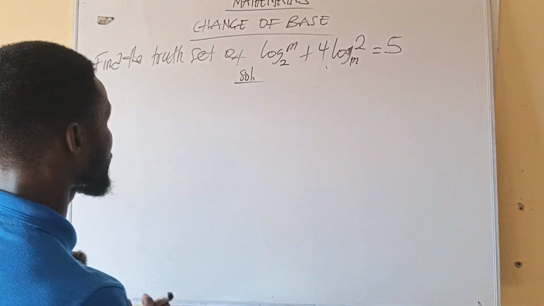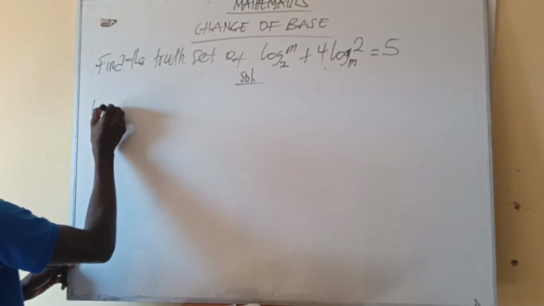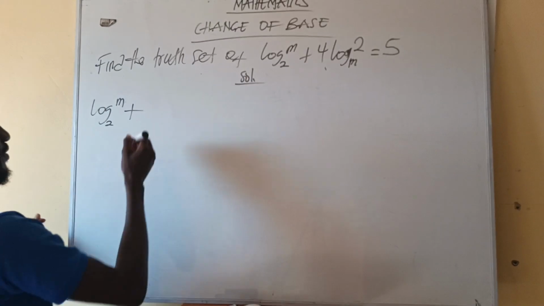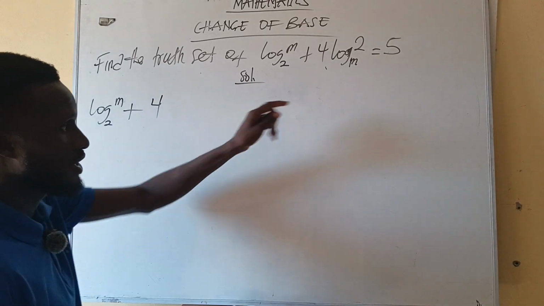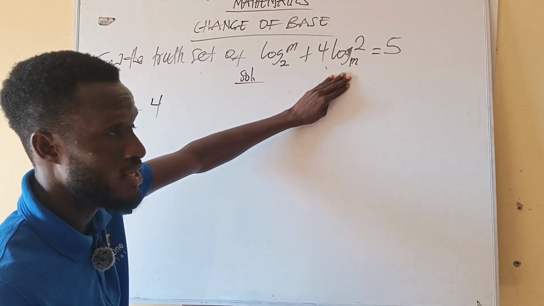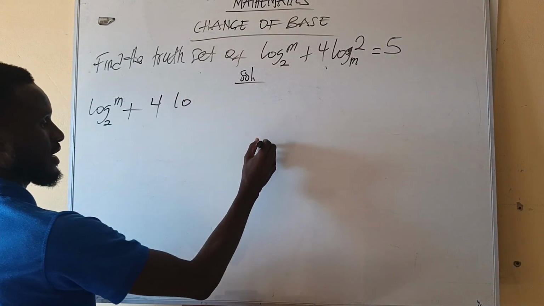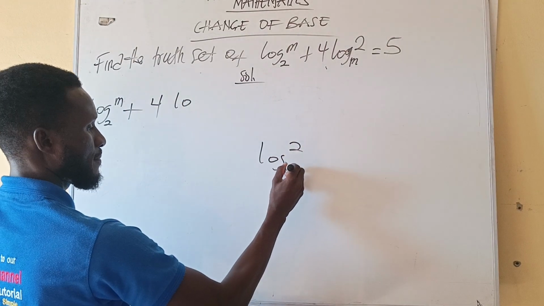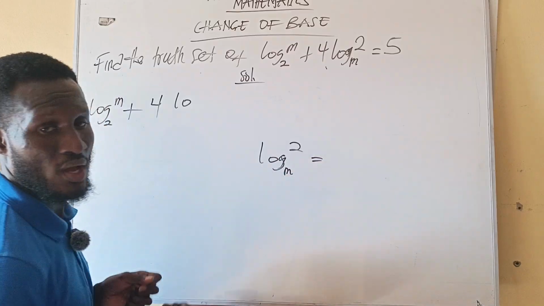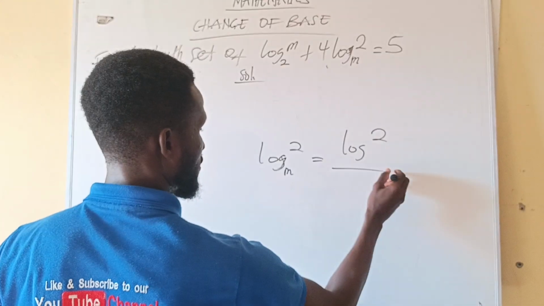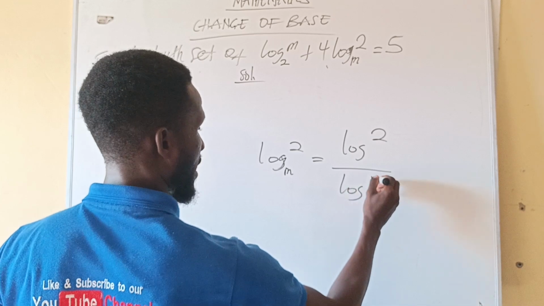So I'm going to have log m base 2 plus 4 times log 2 base m, changed to a base of 2. Don't forget that if I want to change log 2 base m to a base of 2, then I have to write log of 2 divided by log of m.